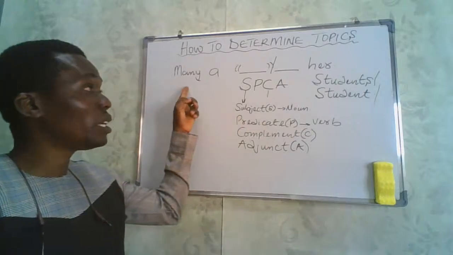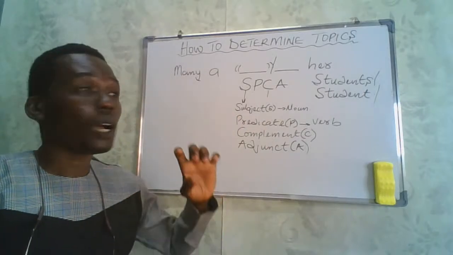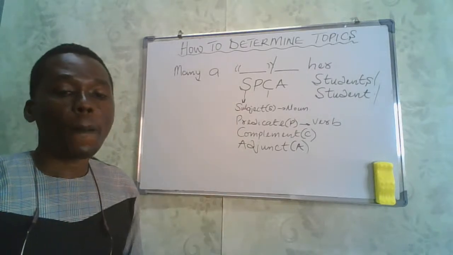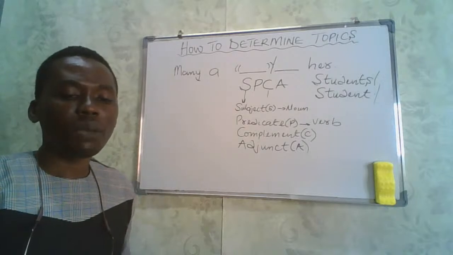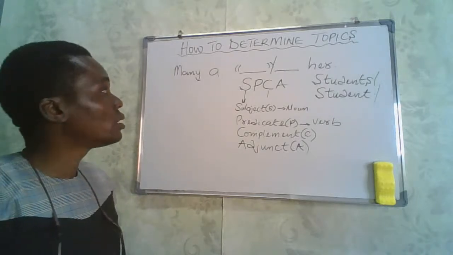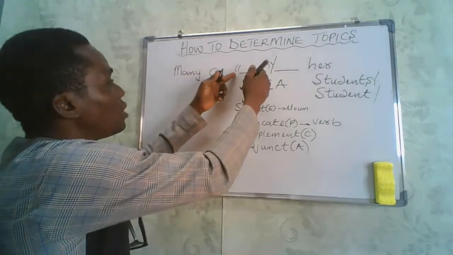Remember, I said we'll be making reference to this question until we treat concord, which will give us the answer to this question. So we see that many a student.